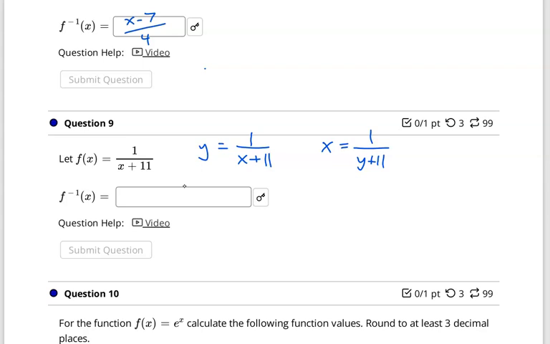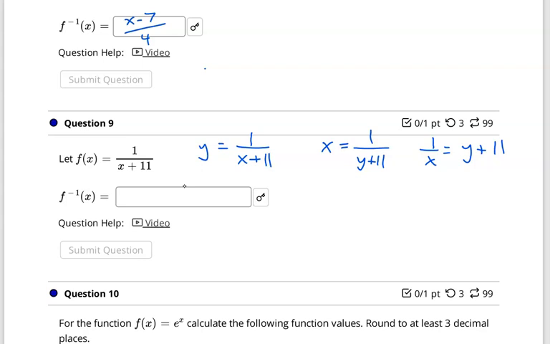Solve for y. Well, I can take the reciprocal of both sides, and I get 1 over x equals y plus 11.